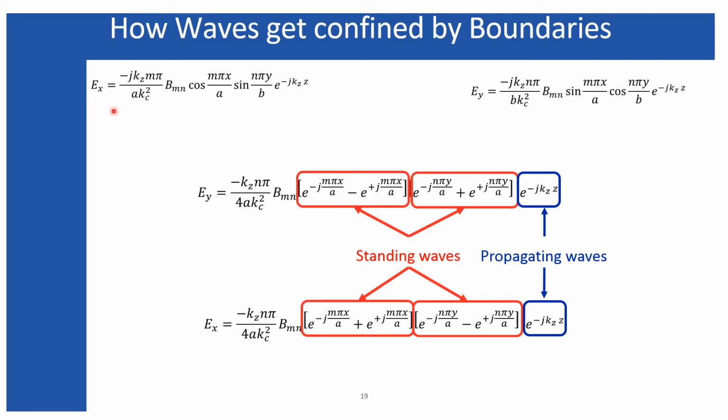Each of these Ex and Ey includes this cos and sine term, and these are associated with the x directed wave number and the y directed wave number. So mπx/a is the wave number along the x direction, whereas nπy/b is the wave number along the y direction.